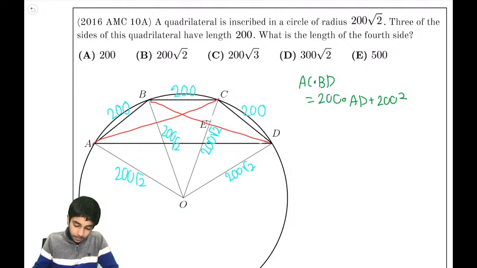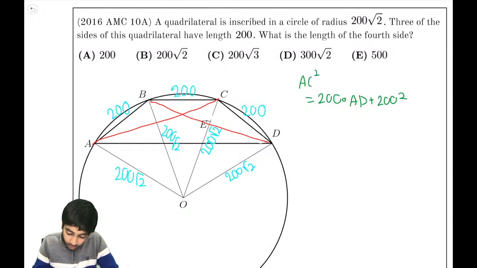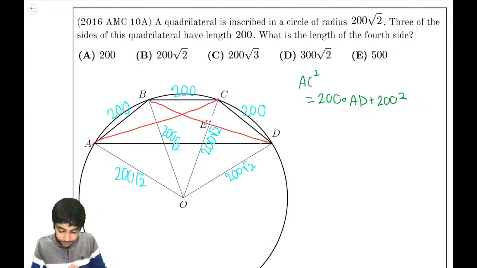This is Ptolemy's theorem. The product of AB and CD, 200 and 200, plus the product of BC and AD, is equal to the product of the diagonals, AC and BD. And BD is equal to AC by symmetry, so it's just AC squared. So we know AC squared is 200 times AD plus 200 squared, right? Okay, so what else do we know?